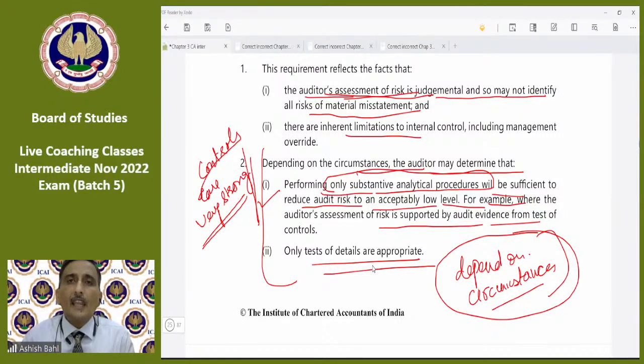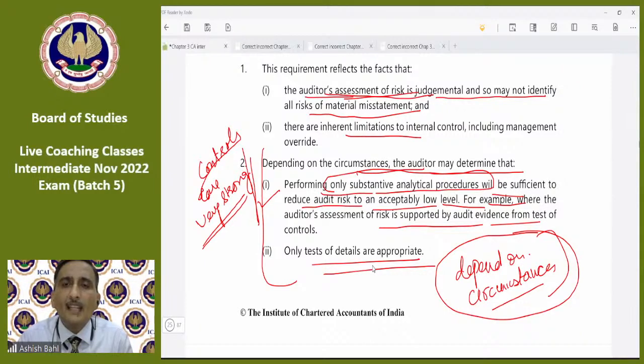Say in those organizations where the control system is strong, and the auditor has tested those controls and is satisfied with the evidence he has obtained from testing them, then he may think he need not perform tests of details.